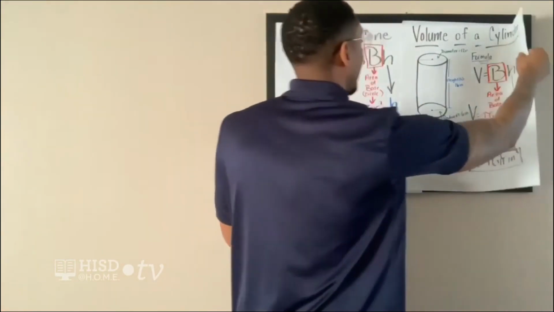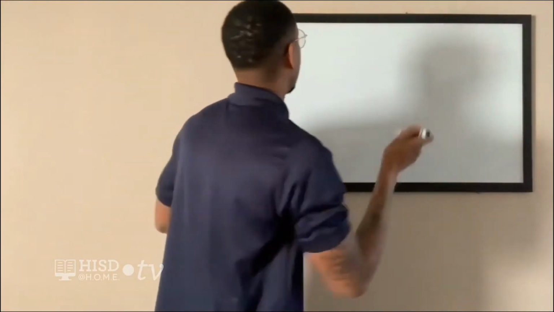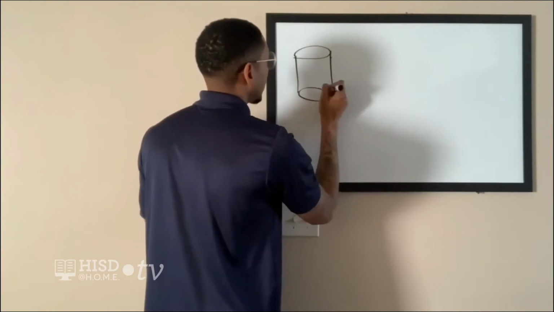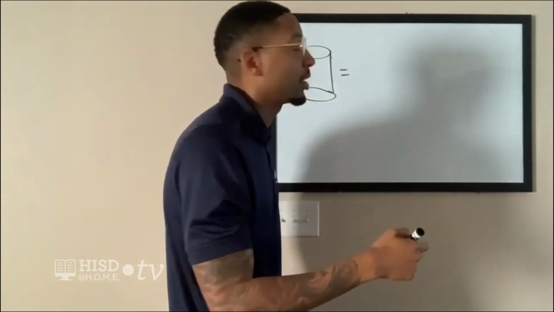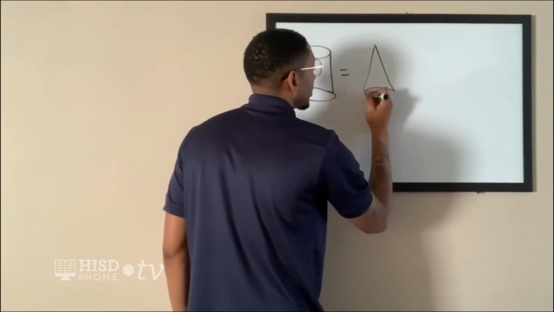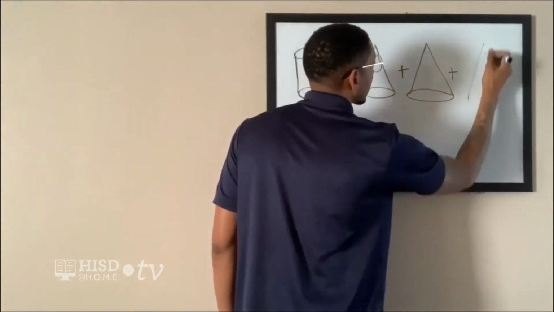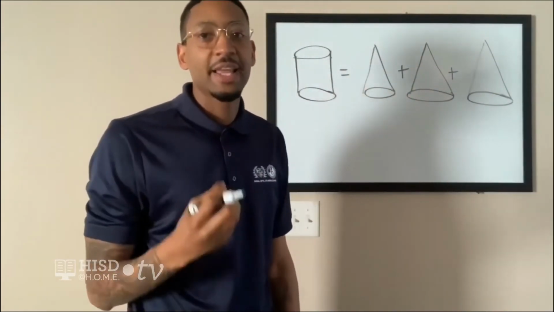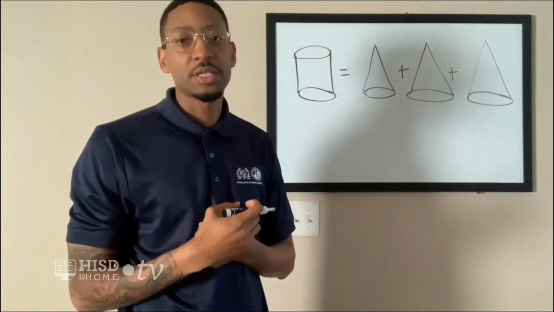Let's draw this out to make you understand. So basically, if I have a cylinder with the same height and the same radius as a cone, then 3 cones with the same height and radius combined equal the volume of one cylinder.